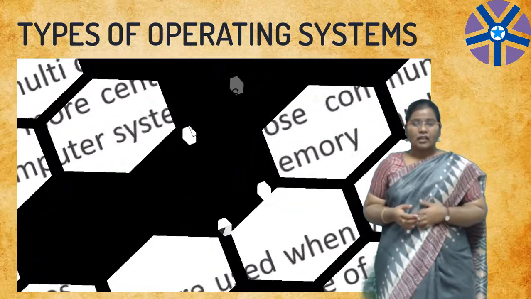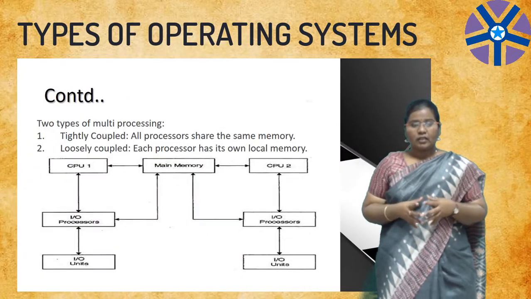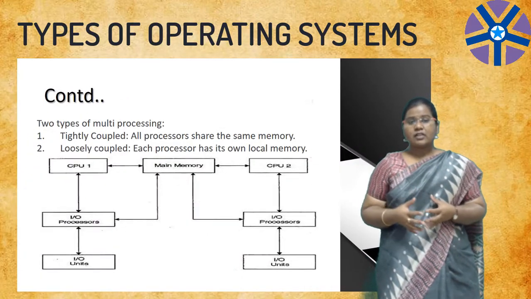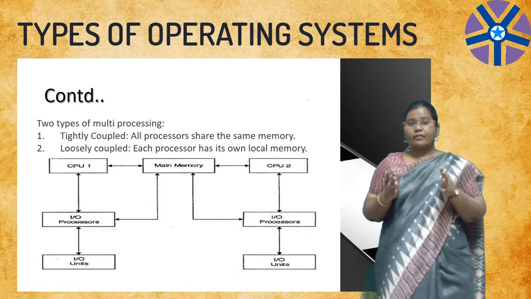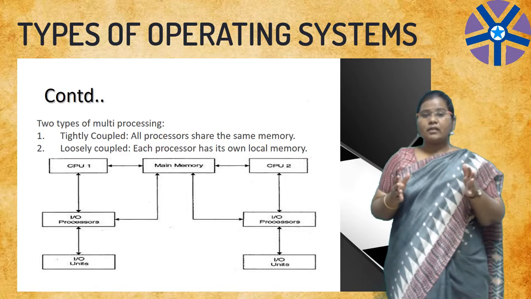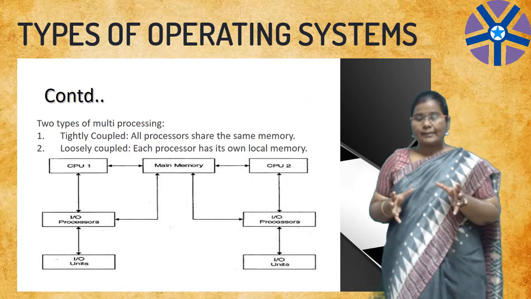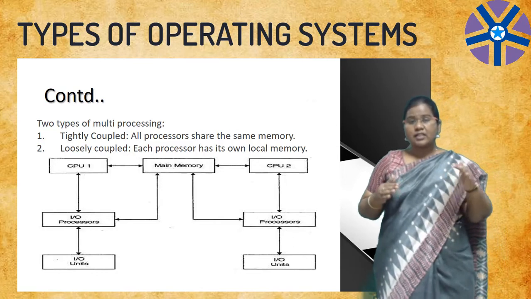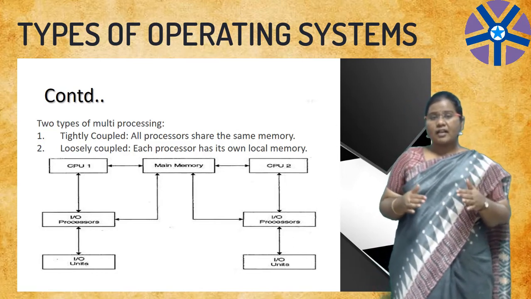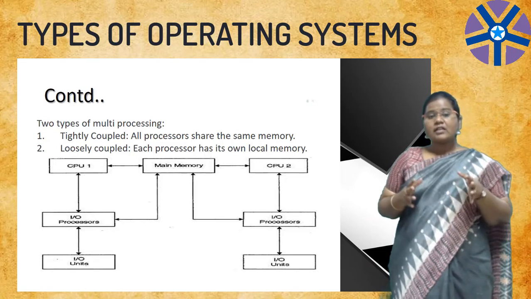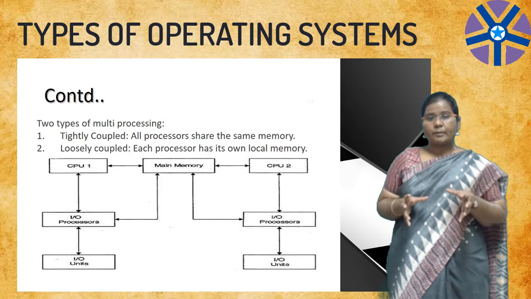And now we'll see what the types of multiprocessing are. Mainly we can see two types. If we have two processors in our system and they share the same single main memory, such multiprocessing is called tightly coupled multiprocessing.